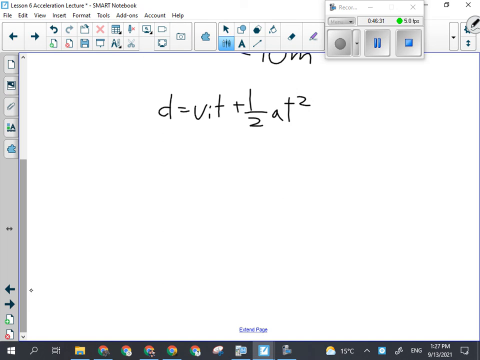What am I doing with it right now? Adding it. What's the opposite of adding? Subtract, right. Okay, whenever we want to move something, we do the opposite. So, d minus VI times t equals 1/2 AT squared. So it's just like the first one. Instead of subtracting 1/2 AT squared, I subtract VI times t.